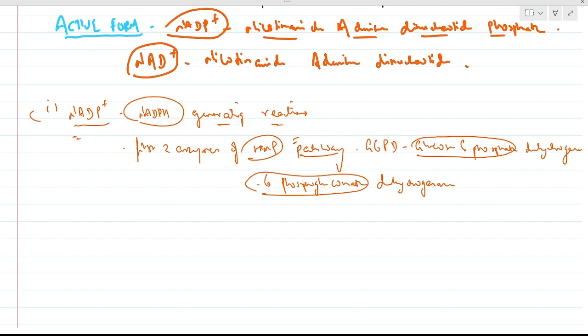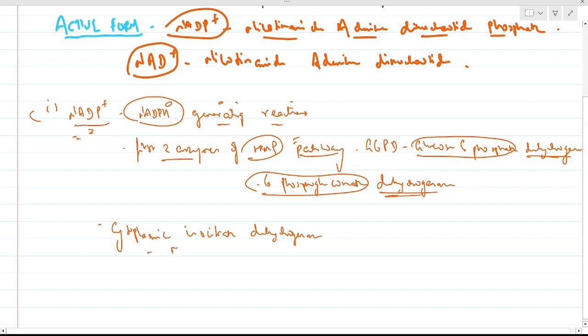These dehydrogenase enzymes, the first two enzymes of the HMP pathway, are involved in generating NADPH, which requires NADP+. Also we have cytoplasmic isocitrate dehydrogenase.